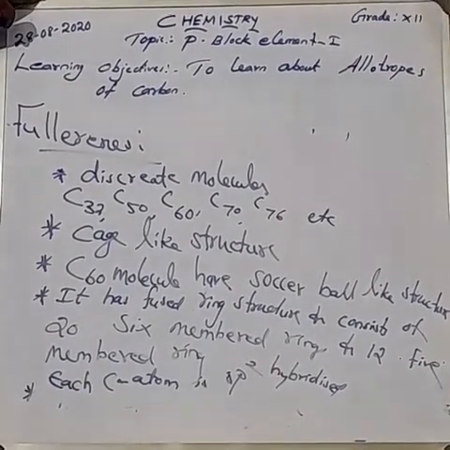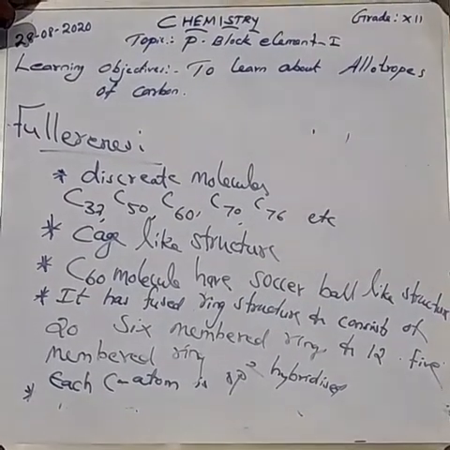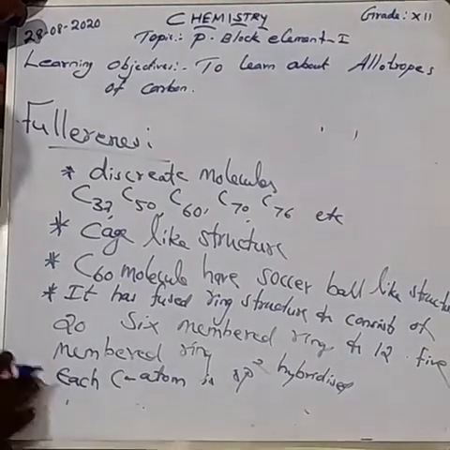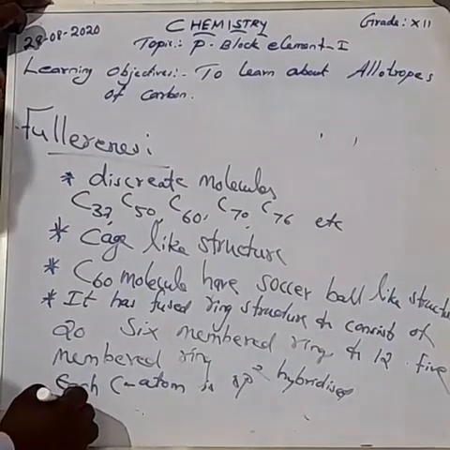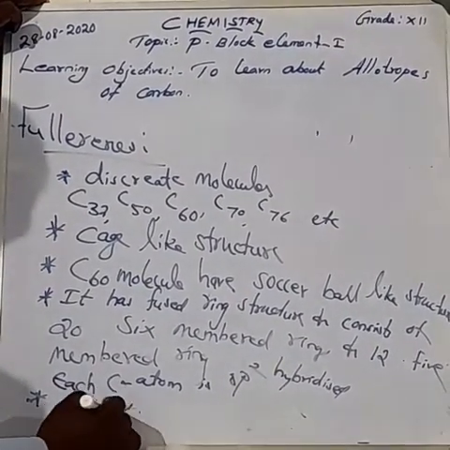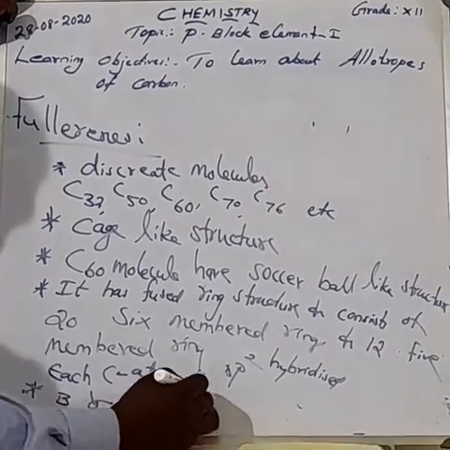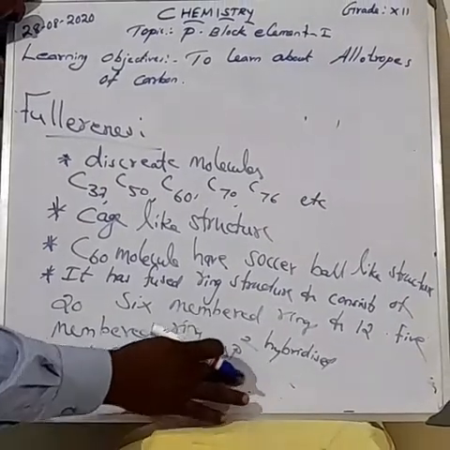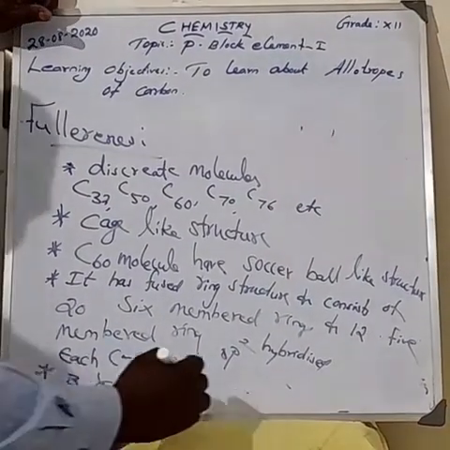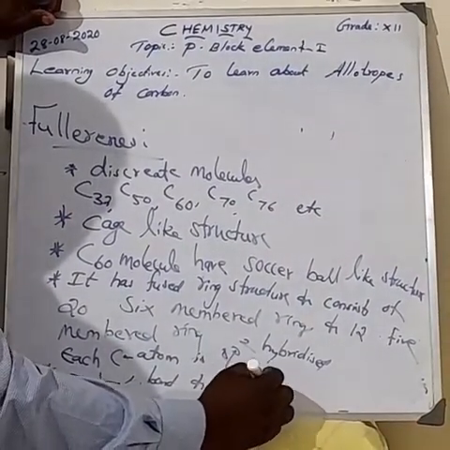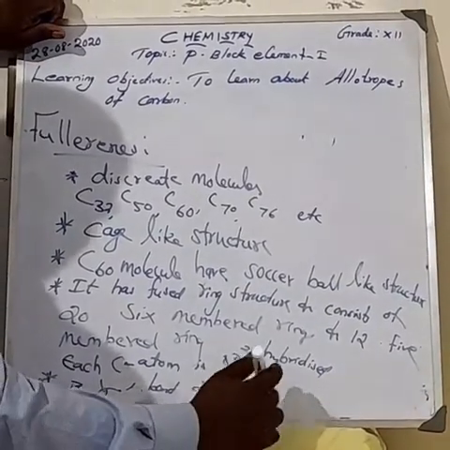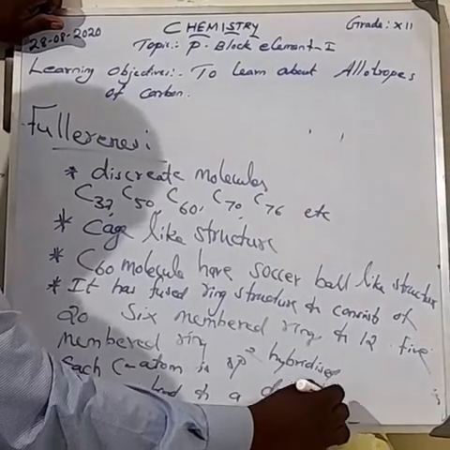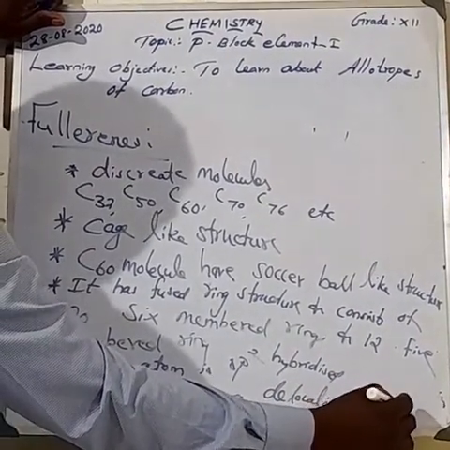Each carbon atom is sp2 hybridized to form 3 sigma bonds and a delocalized pi bond.